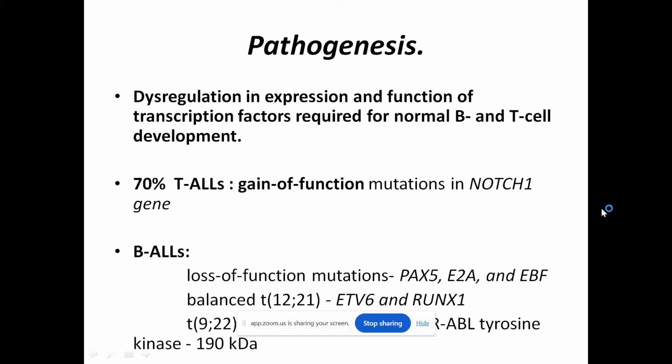So what is the genetic abnormality? In T-ALL, 70% will have mutations in the NOTCH1 gene. So gain of function in the NOTCH1 gene will be seen.